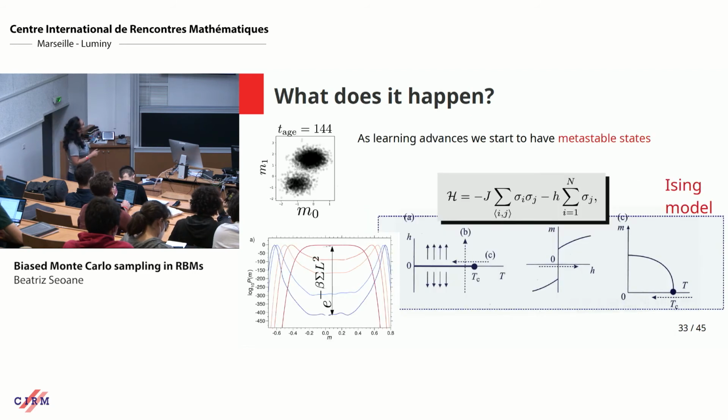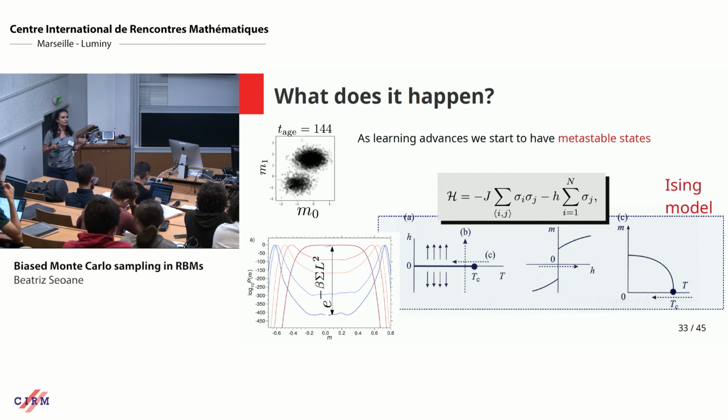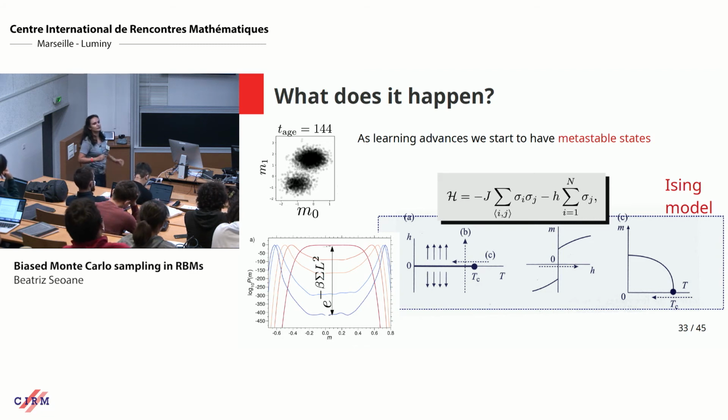What is happening is, more or less, what I was saying: we are facing something similar to trying to study the equilibrium of the Ising model at very low temperatures. In the Ising model, in the absence of a field, it is equally probable to have positive magnetization or negative magnetization.